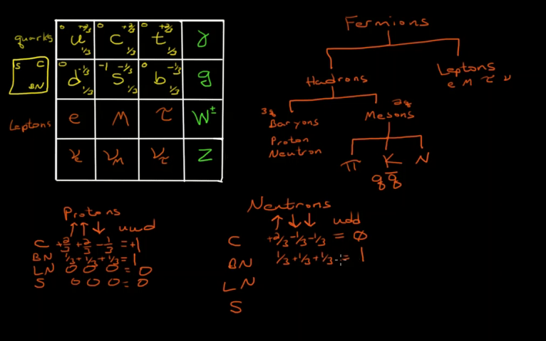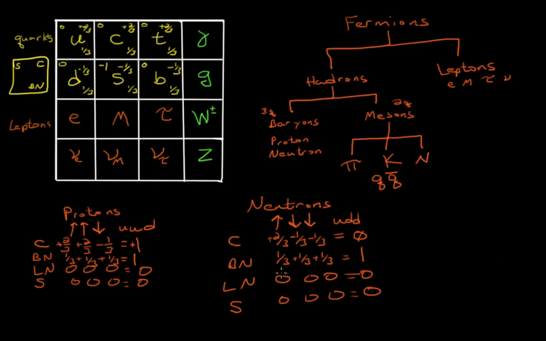It's a baryon, so all baryons should be 1. All antibaryons should be -1. Lepton number again 0, 0, 0, so it's 0, and there are no strange quarks, so it's 0. So those numbers all have to be in agreement on both sides of, say, a nuclear decay equation.